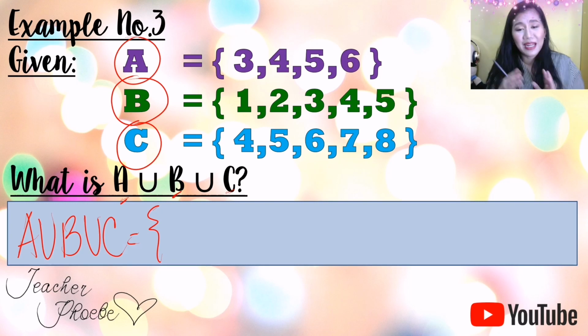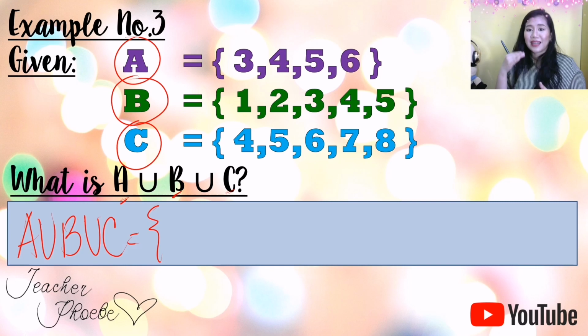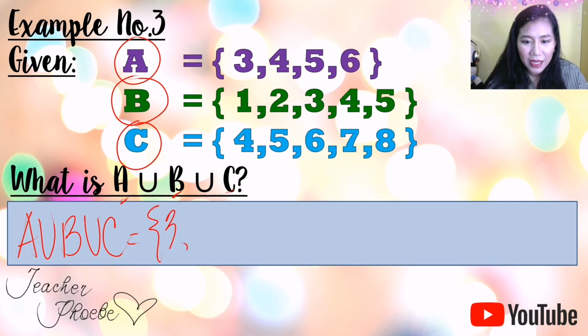Okay, so I believe medyo siguro nakakatch nyo na yung lesson natin for today, and I'm expecting that you understand the lesson better na. Alright, so 3, 4, 5, 6.